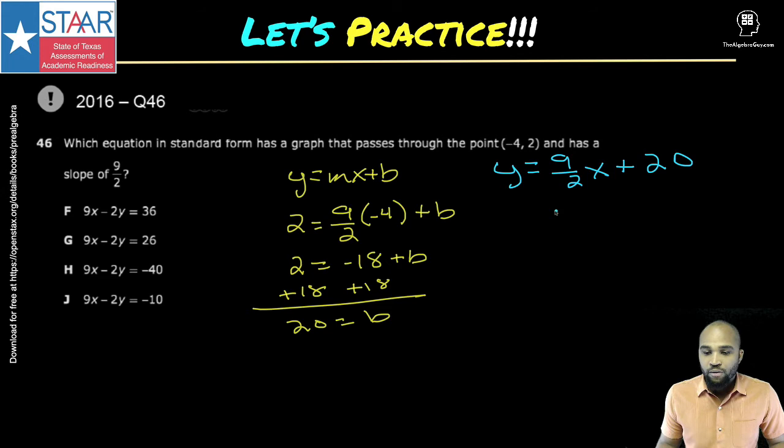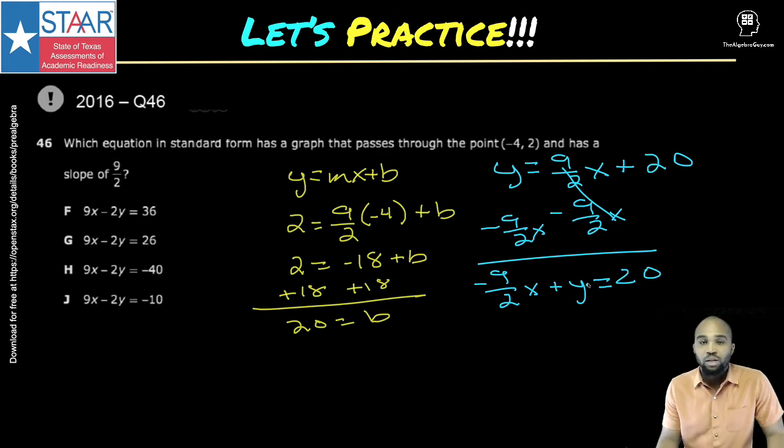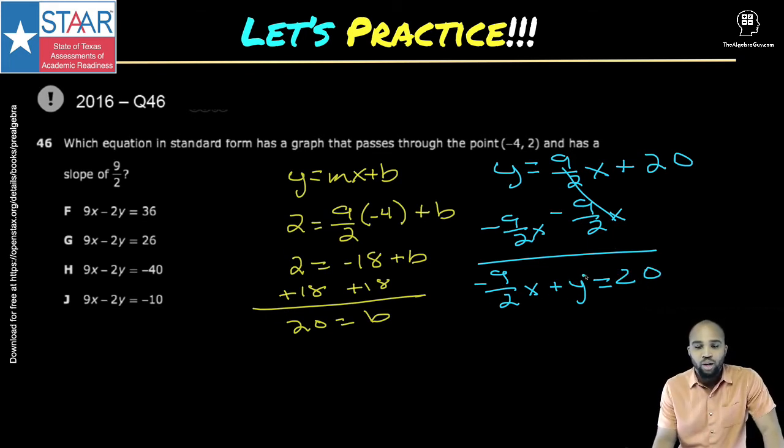So let's put it in standard form. We're going to subtract 9/2 x on both sides, because we need x, y, and a number. When I do that, I end up with negative 9/2 x plus y equals 20. So look, I have it in standard form, or do I?